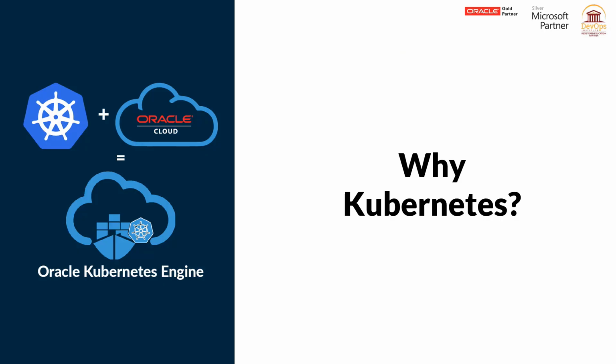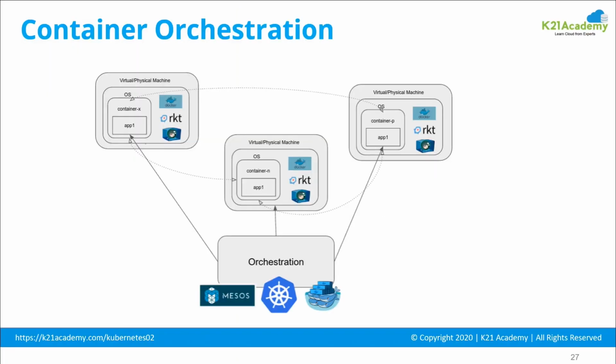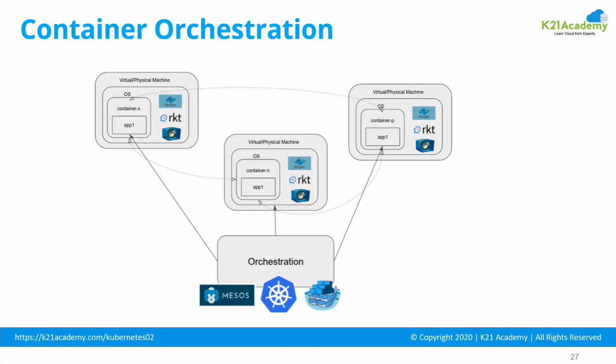Now, before we move forward and look at Oracle Kubernetes Engine, let's first understand why you even need Kubernetes. If you see in the diagram, there are multiple hosts, and on each host you can run multiple containers. Typically you run 15 or 20 containers, depending on the type of application and the spec of the machines.